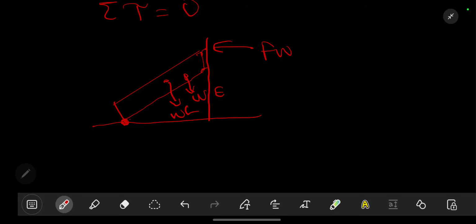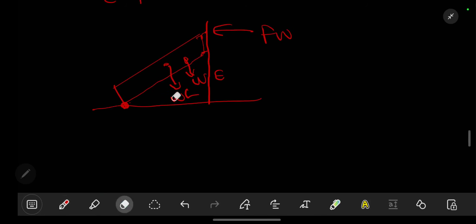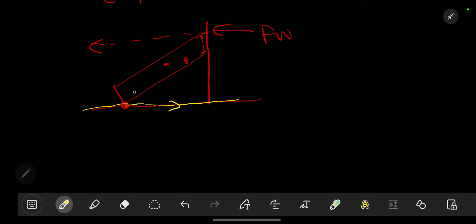So with that said, we are going to begin with the wall. Let me just use this same diagram. For the force on the wall, we extend the force like that, and by extending it, the distance we get is the height difference.